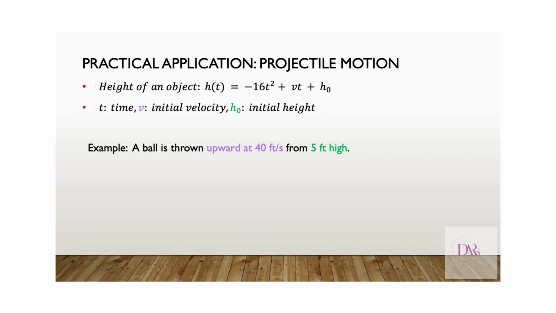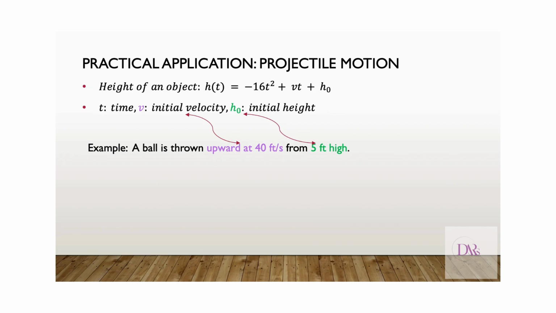A ball is thrown upward at 40 feet per second from 5 feet high. Notice, once again, I color coordinated the values to match what is given in our initial statement. So here, upward at 40 feet per second is our initial velocity. 5 feet high is our initial height.